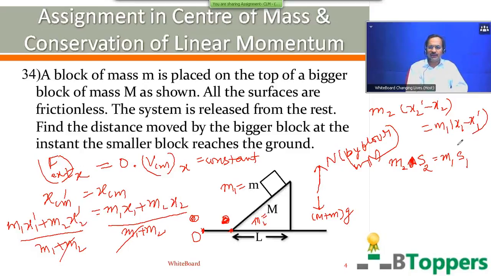Therefore, x1 minus x1 dash gives you the horizontal distance moved by the first mass. I denote it by s1. So s1 is the horizontal distance moved by the first mass when it reaches the ground, as seen by a stationary observer on the ground. S2 is the horizontal distance moved by the second mass towards the right with respect to a stationary observer on the ground. Here m2 equals capital M, m1 equals small m.